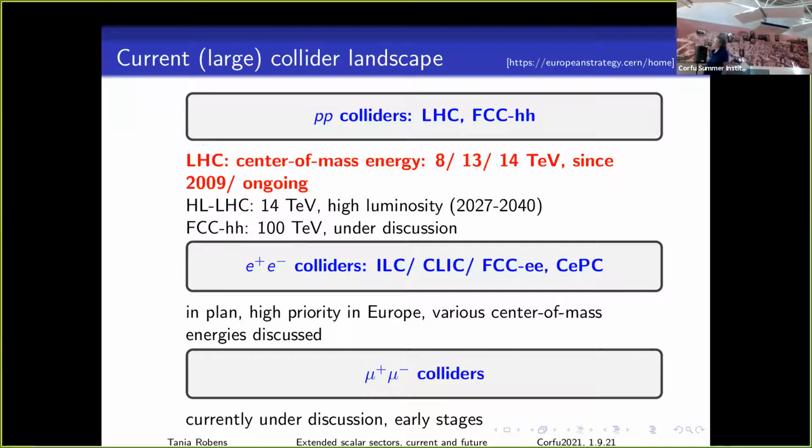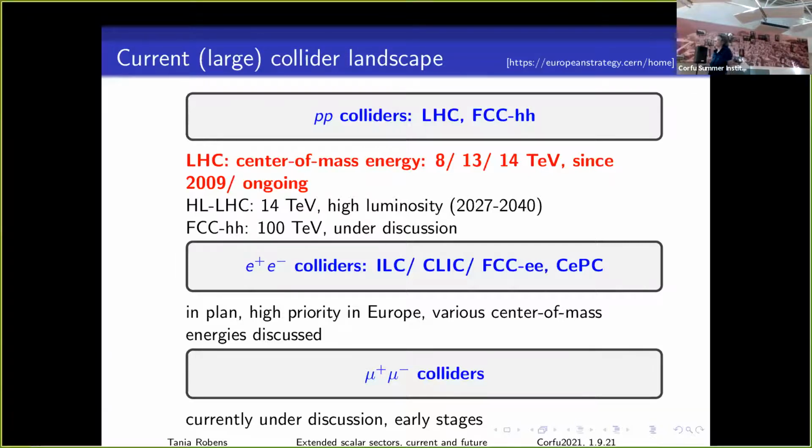The collider landscape, I think I can also go very quickly over this because you're all aware of these various options. Currently we have the LHC running, and a future option, which has already been approved, is the high luminosity LHC, right now at 14 TeV. I hope this will happen. Then a future possible option is FCC-hh, which is under discussion. Then we are at the e+e- colliders.